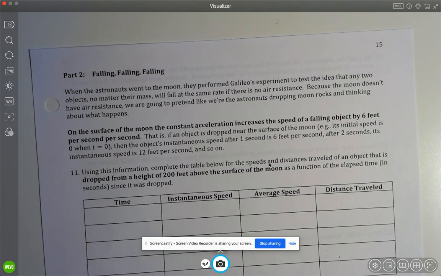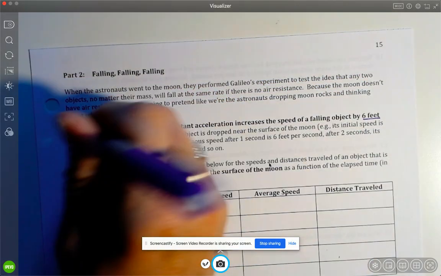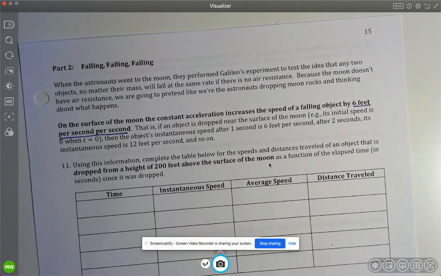Because the moon doesn't have air resistance, we're going to pretend like we're astronauts dropping moon rocks and thinking about what happens.